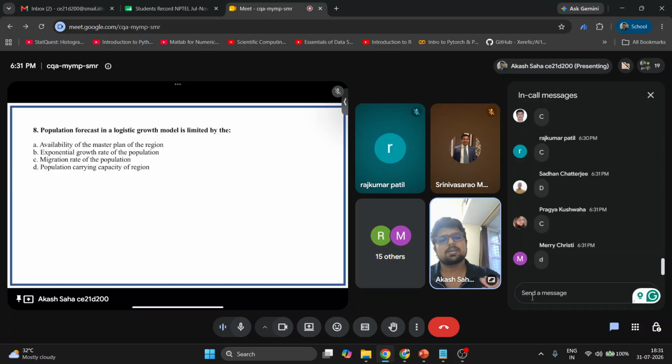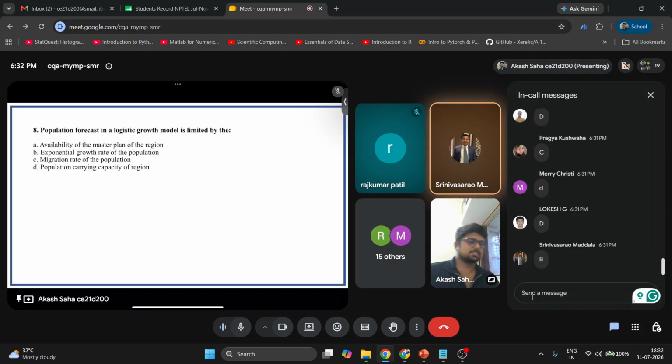So do you know what the logistic growth model curve is also called? What is the other name of logistic growth model curve? If you know the shape, then you will be able to guess the answer. Yes, S shape.